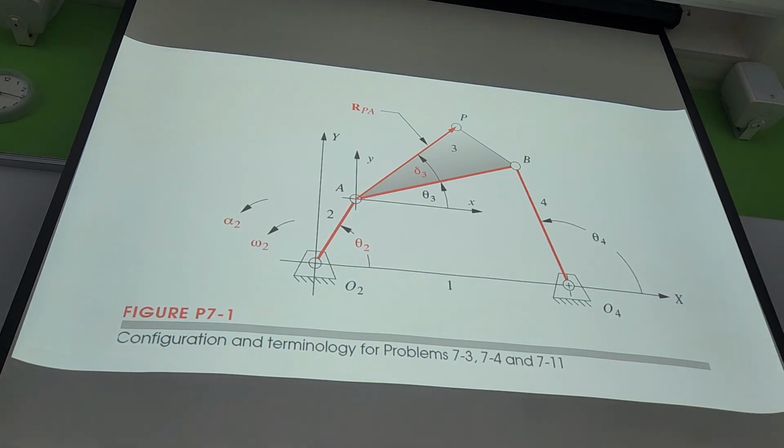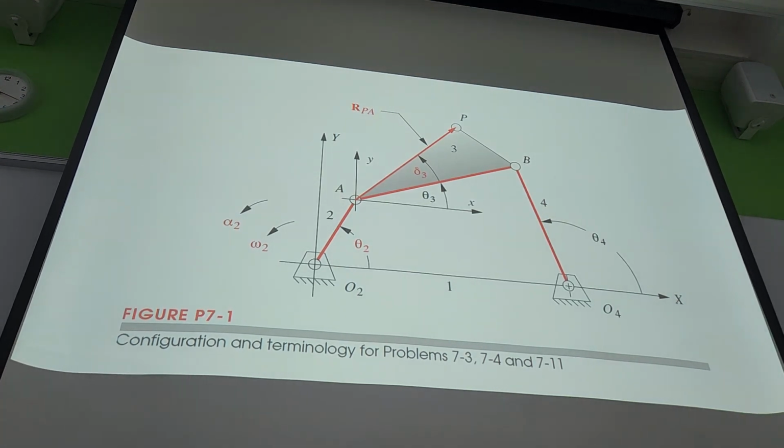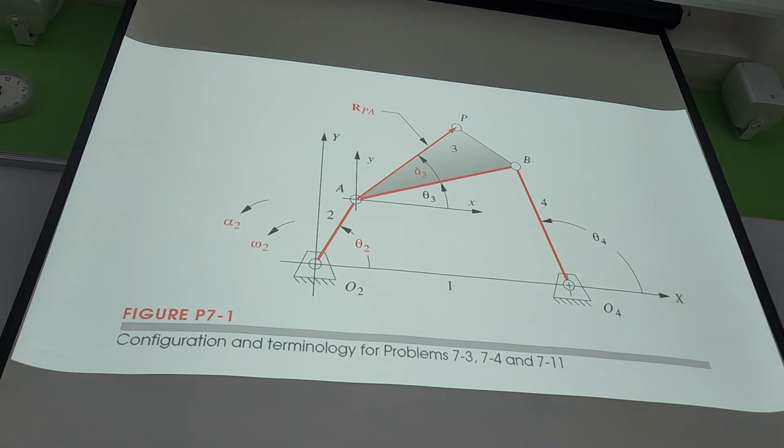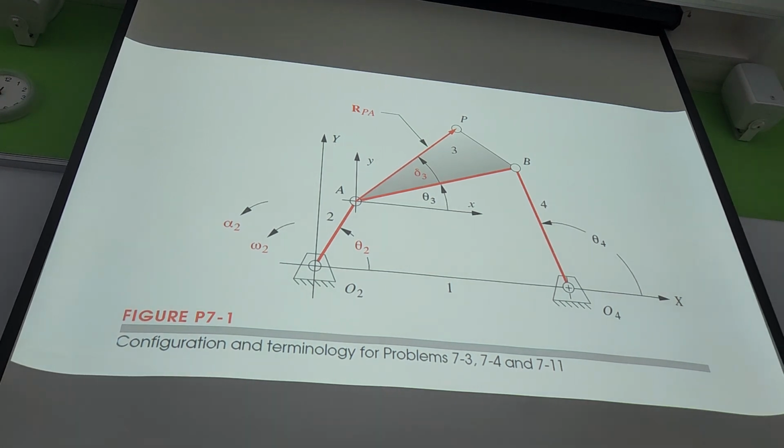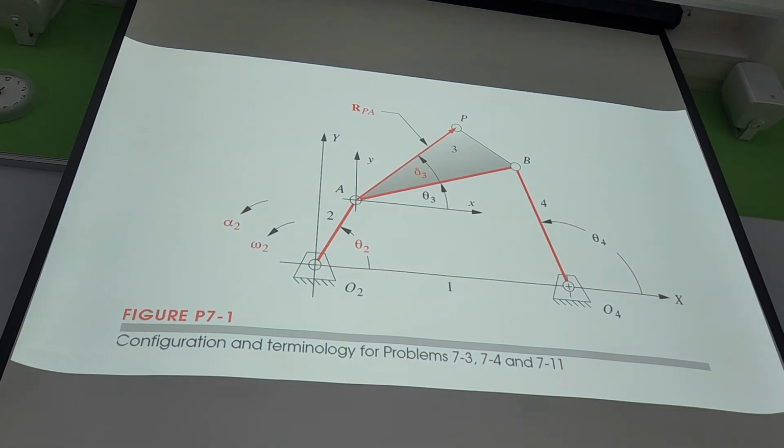So then you need to plot the mechanism to scale to find out the velocities. Okay, so you need to find out the velocity of point B, then the angular velocity of link 3, and the angular velocity of link 4.